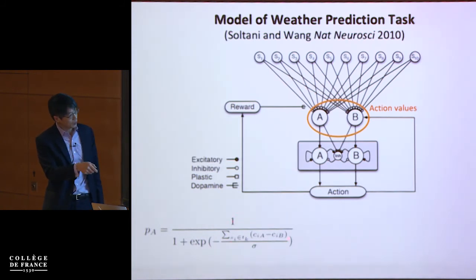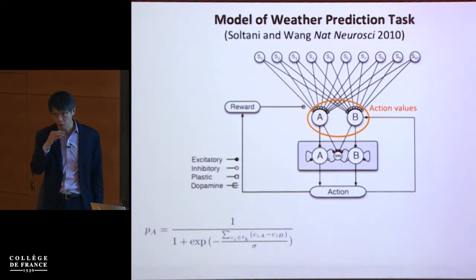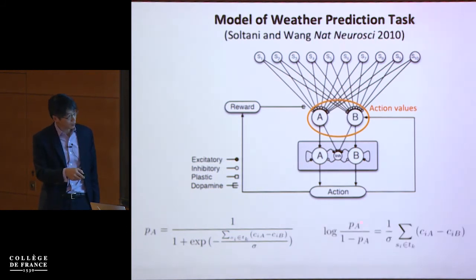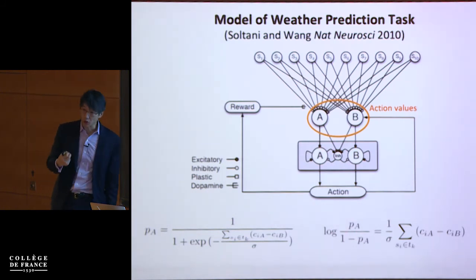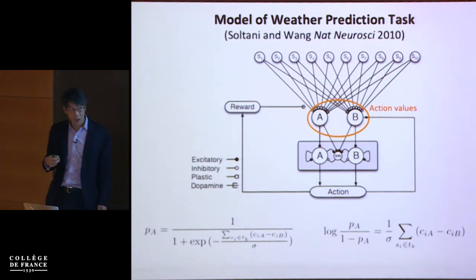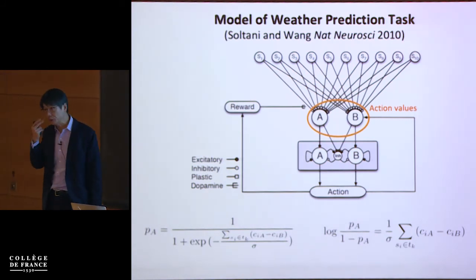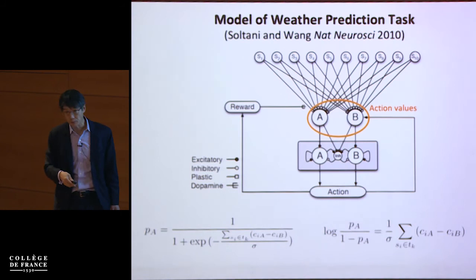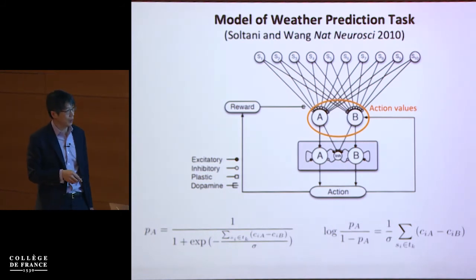For A versus B, right? So this is just a generalization of the formula I showed you, nothing new. But you can rewrite this formula, right? You do log, and you'll find that, of course, this is the same thing by saying that the log odds of choice probability now is just the sum of input differences.